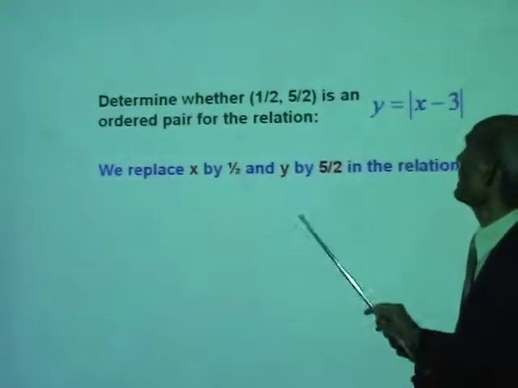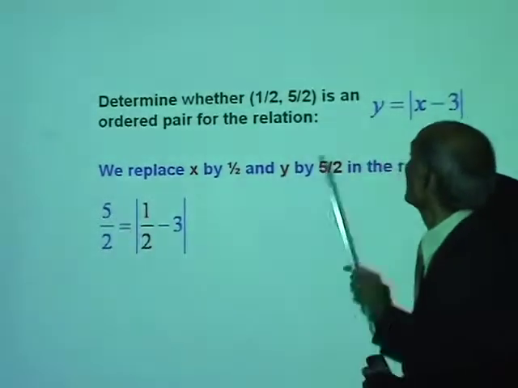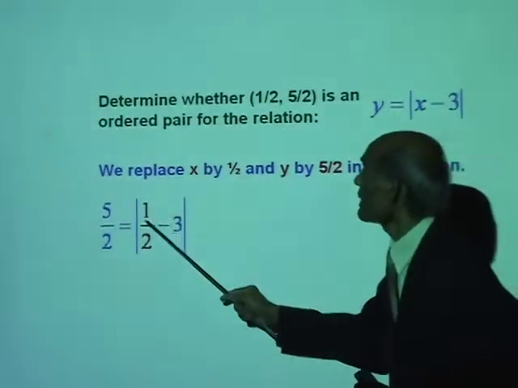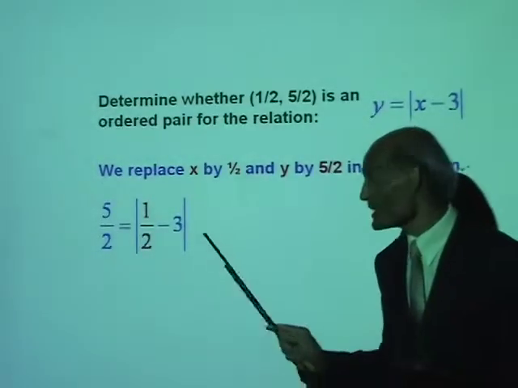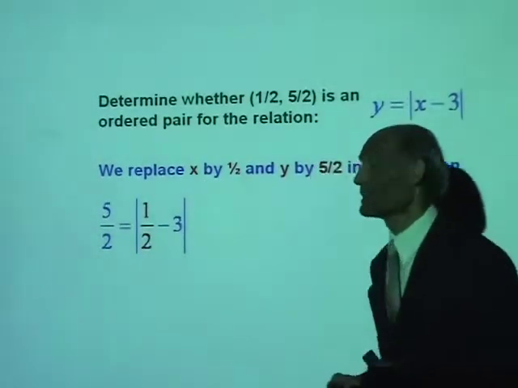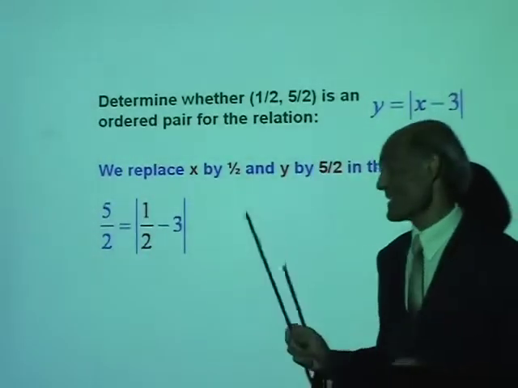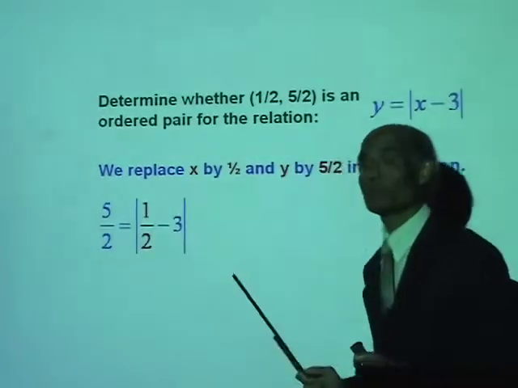Alright, let's do that. In place of y, I write 5/2. In place of x, I write 1/2. And what remains for me to do is simplify inside the absolute value sign. Now, how many of you can do this? 1/2 minus 3.